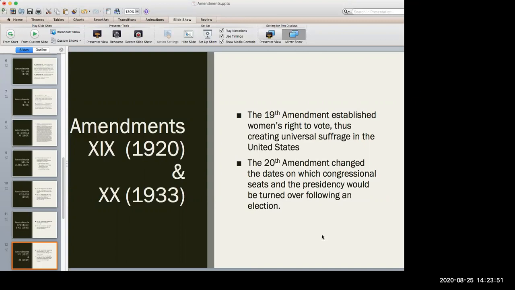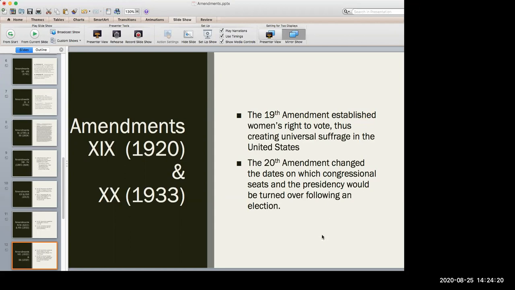There were issues of race, absolutely. So there were still ways that African-American men were being prevented from voting. African-American women were being prevented from voting. Native Americans were not considered citizens at this point, so they could not vote. There were laws, there were obstacles, there were things called Jim Crow laws.